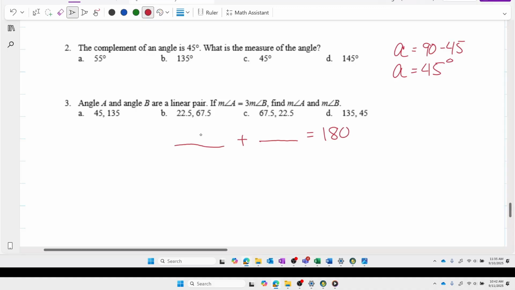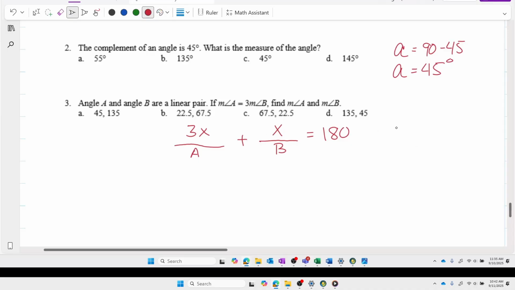If we call the first angle, angle A, and this second angle B, the measure of angle A equals 3 times the measure of angle B. So let's go with an x, and then solve for x.